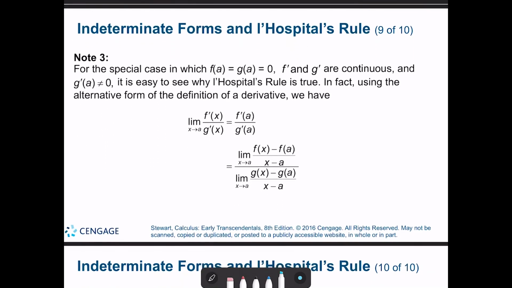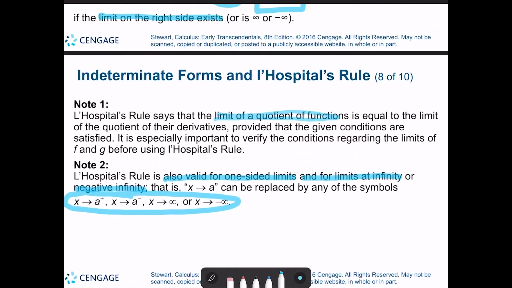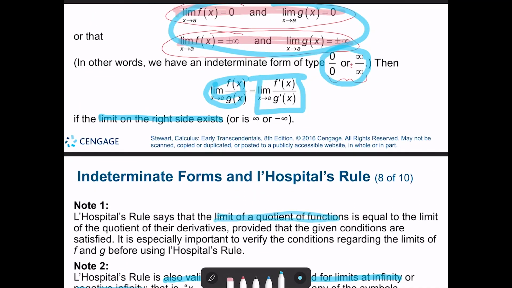And a third note is that there is a special case in which f of a and g of a are both equal to 0, so the numerator and denominator must both be equal to 0 when x is equal to a.